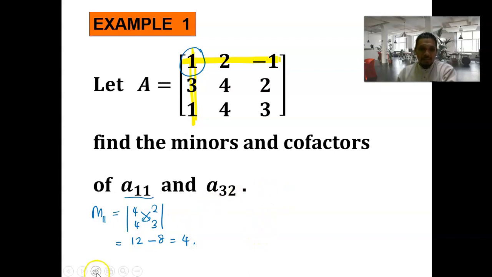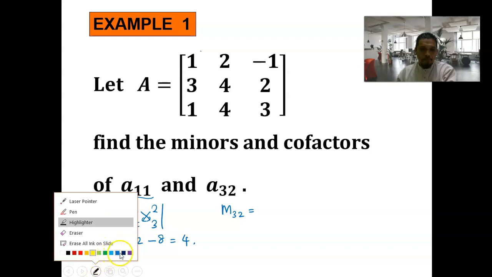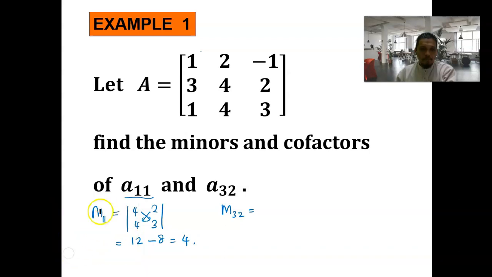Okay, next. The minor of 3, 2. For this one, we hide row number 3 and column 2.